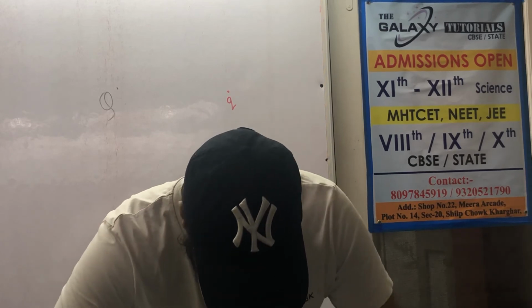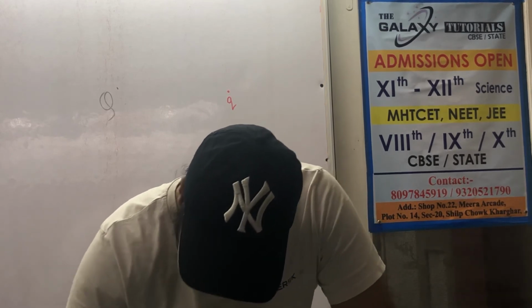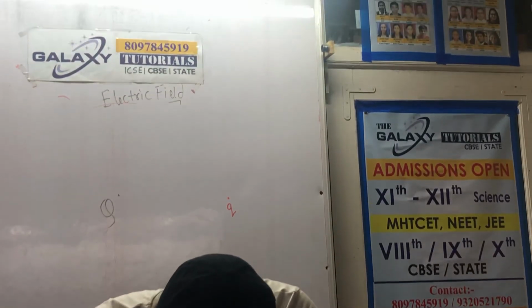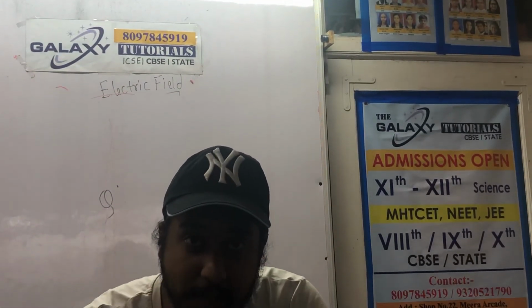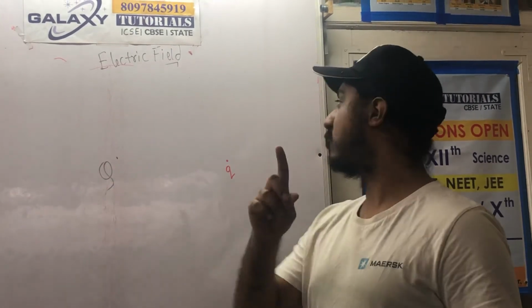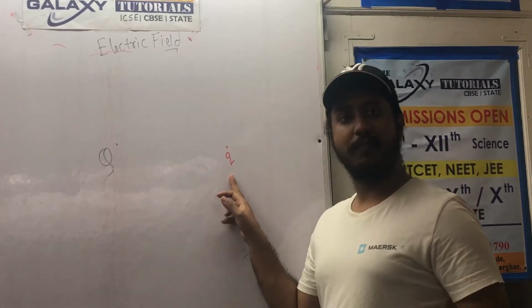So what is the basic definition of electric field intensity? I will read the definition. Electric field intensity is the amount of force experienced by a unit charge. Unit charge means a charge which has a magnitude of 1 coulomb.